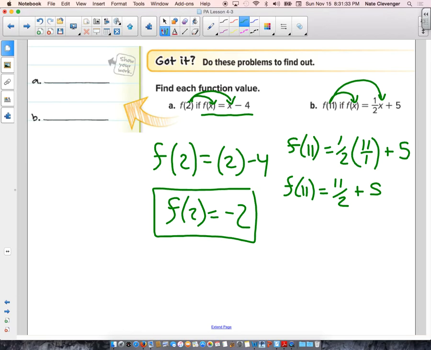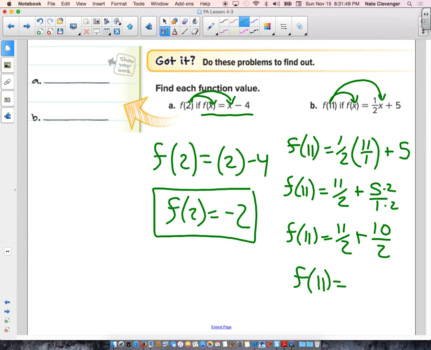Got to get a common denominator. So f of 11 is equal to 11 over 2 plus, need to write 5 as a fraction, multiply both of those by 2, gives me a denominator of 2. That's 10 halves, so f of 11 equals 21 over 2, or 10 1/2.